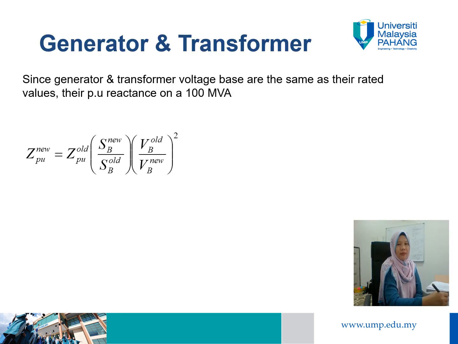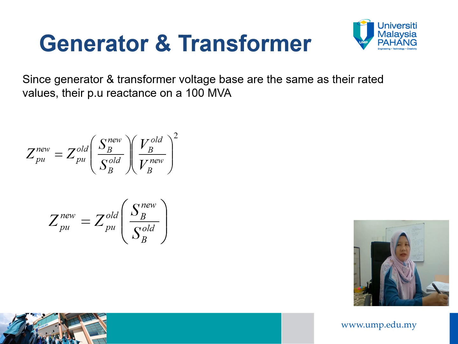To calculate the per unit impedance for the generator and transformers, we use the formula. The new impedance in per unit is equal to the old impedance in per unit multiplied by the new base power divided by the old base power, multiplied by the old base voltage divided by the new base voltage, squared.